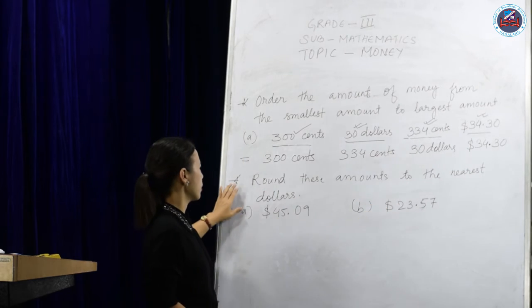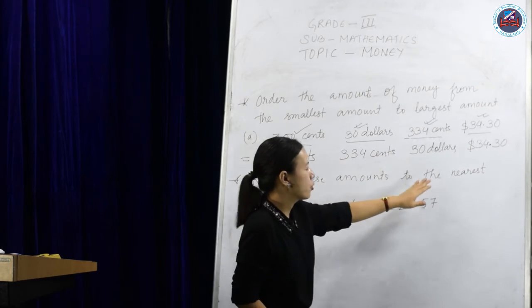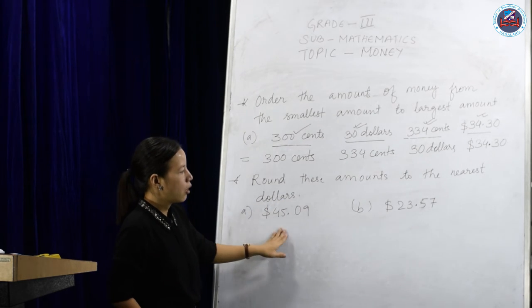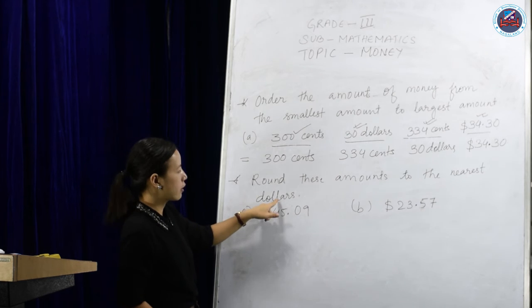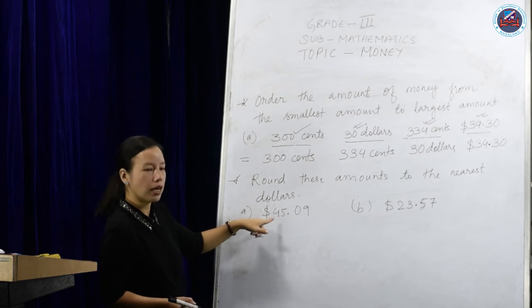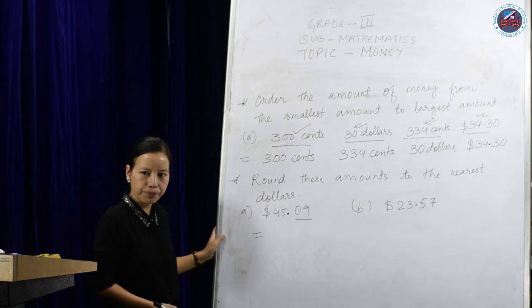Now let's go to this last part. That is, it says round this amount to the nearest dollars. Now here the amount is given. What we have to do is we have to round this amount of money to the nearest dollar. So how do we round up this amount? What we have to do is we have to look at the cents amount here.